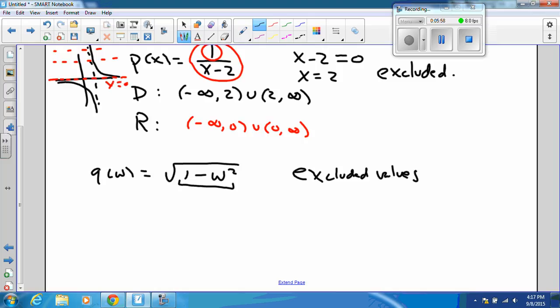So anytime 1 minus w squared is less than 0, we will have to exclude that w. Well, this is a nice inequality, and we know how to solve these with the boundary value method. We can factor and set equal to 0 to get boundary values.